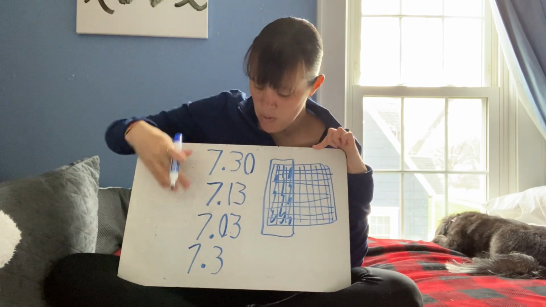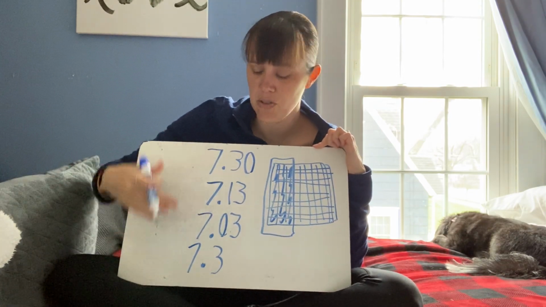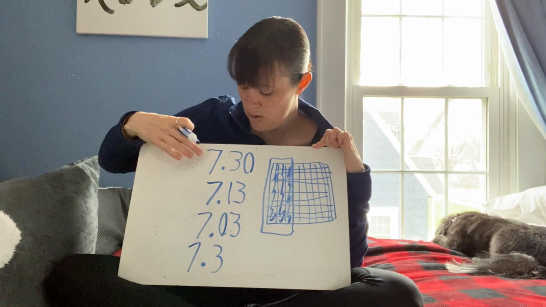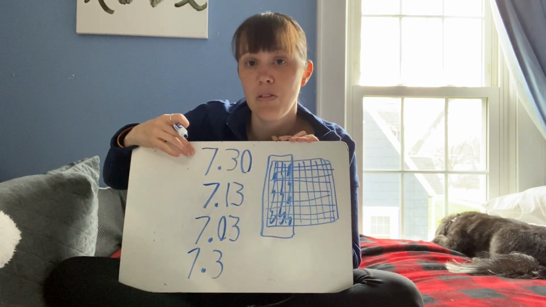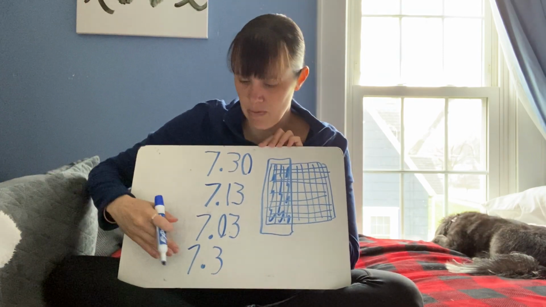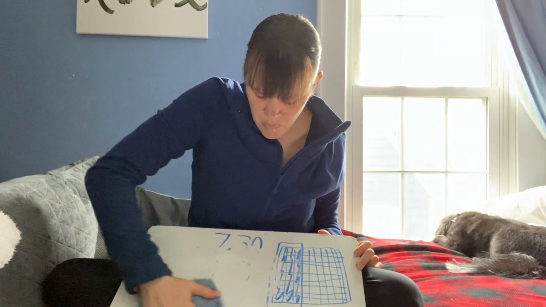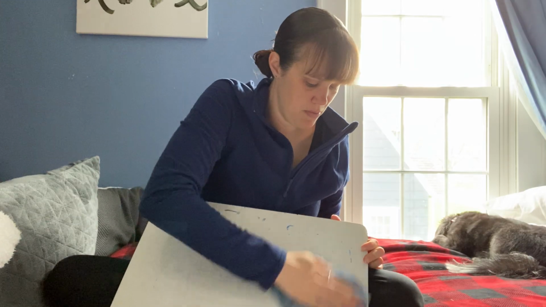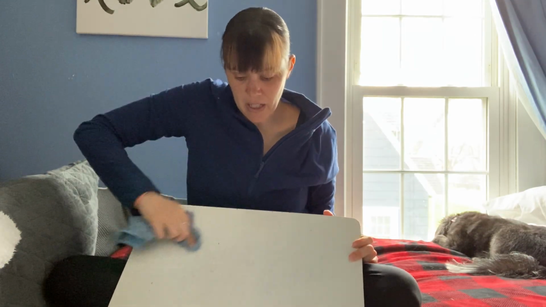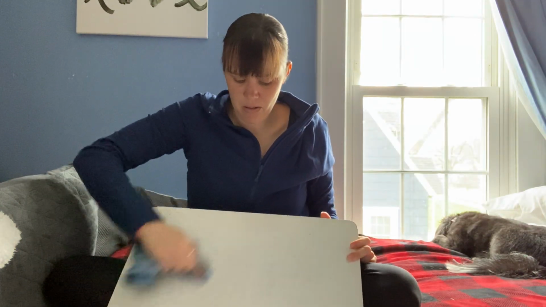Okay, so even though they look different, they actually really are the same. This one you would read as 30 hundredths, and this is 7 and 3 tenths. So that's going to be another review that we do towards the end of the problem set. But like I said, it's actually a little bit harder than you would have expected.